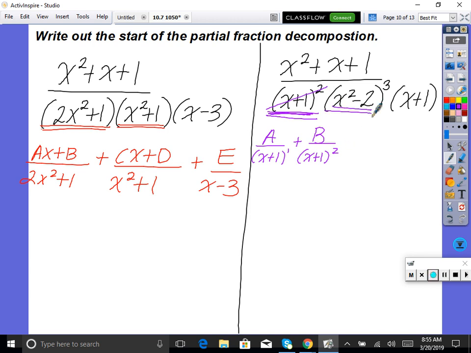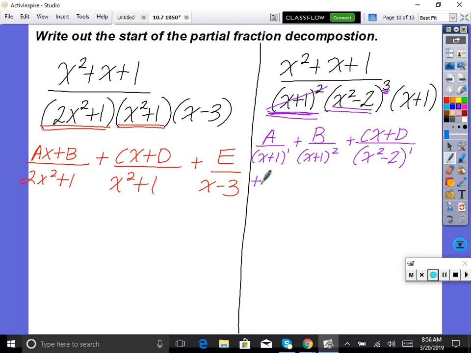Quadratic that doesn't factor, but it's also raised to the 3rd power. Okay? But still, will kind of work the same way. So, plus cx, oh, it's not cd, sorry, cx, then what? Cx plus d over, yes, good. So we got to count up on this one.